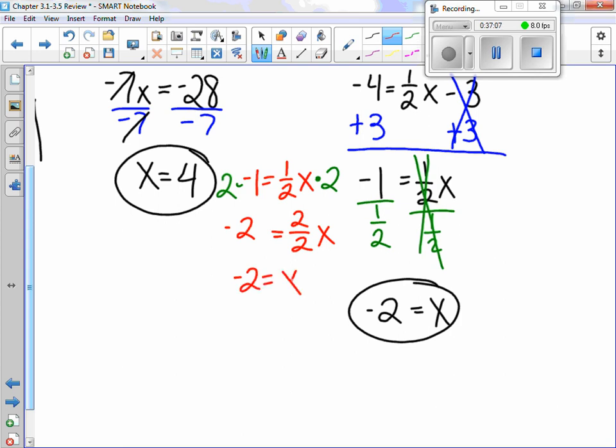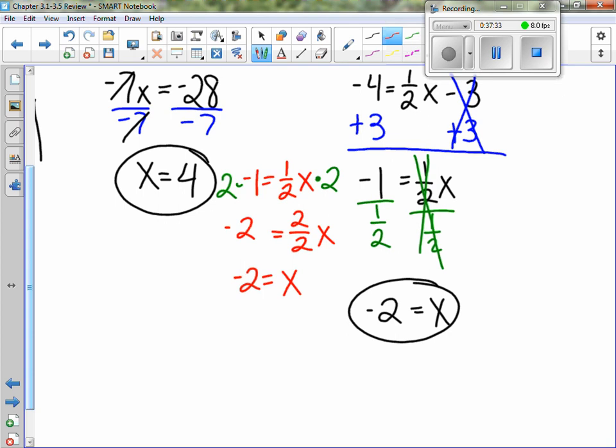Anything divided by itself is 1. 2 divided by 2 would give us 1, so we'd have 1x or just x. So with fractions, what you can do is multiply by its reciprocal or the flip. If we flip the fraction over, we can multiply by it and it will simplify. Dividing by it also works. Either way works.